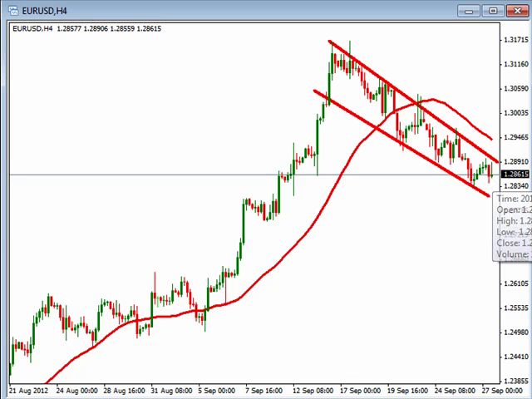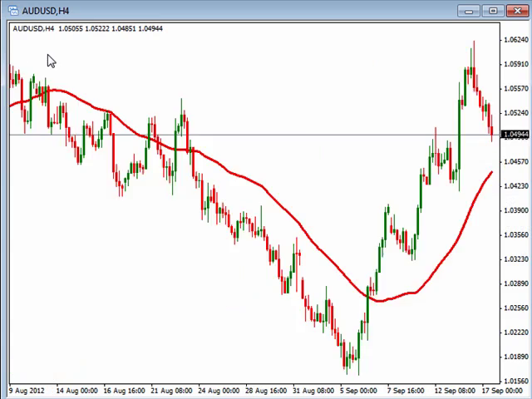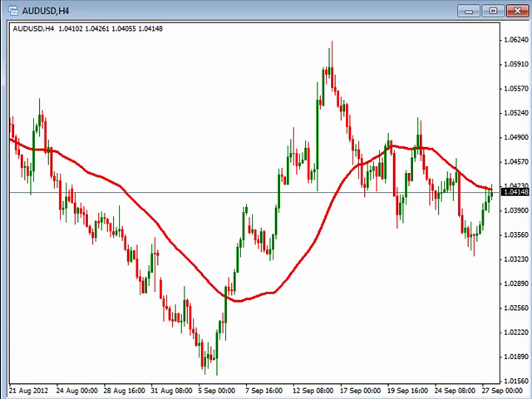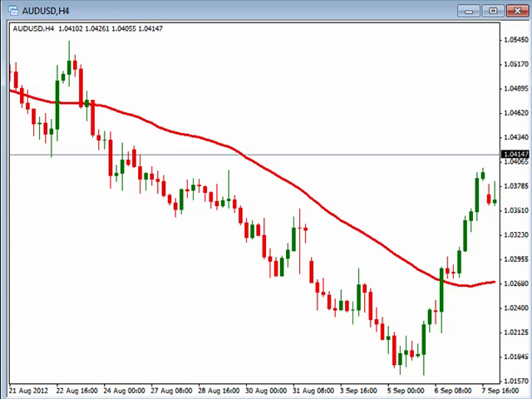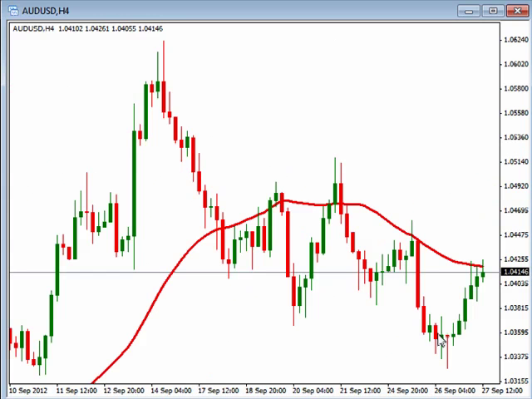Now, as we look at other pairs, we're going to see similar types of opportunities. And right now, for example, on this Aussie US dollar, we've got a pullback towards the resistance area. And so our entry would be below the lowest low of the last 3.